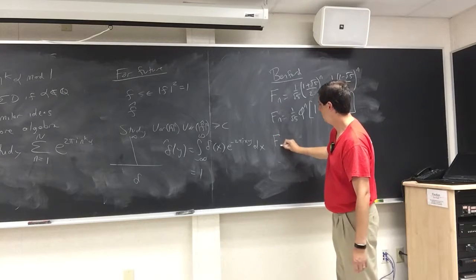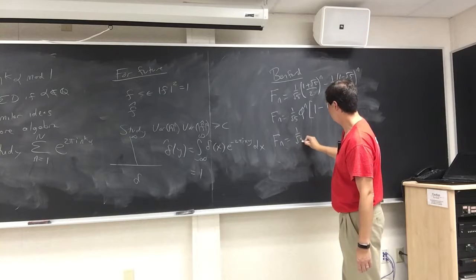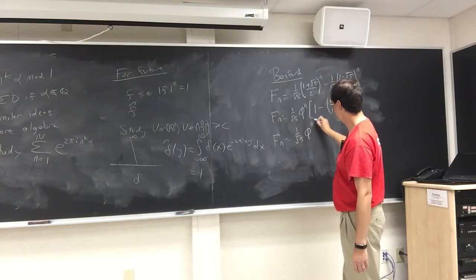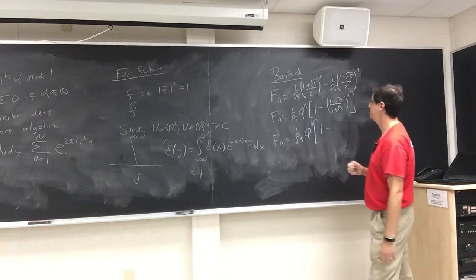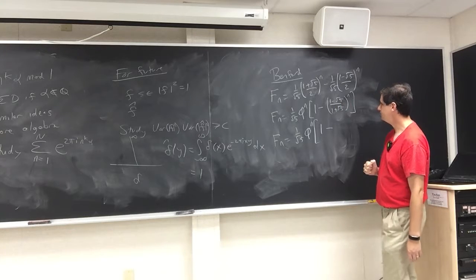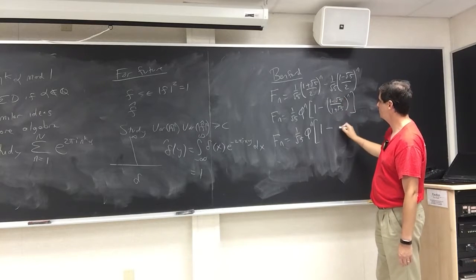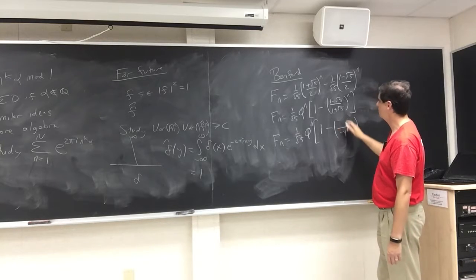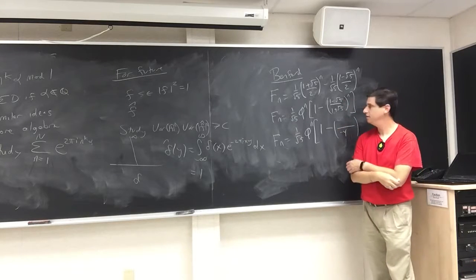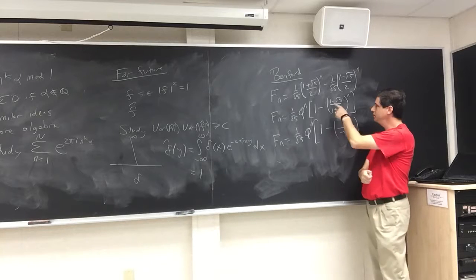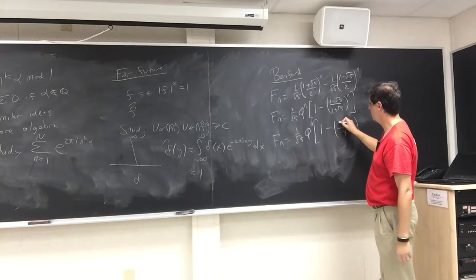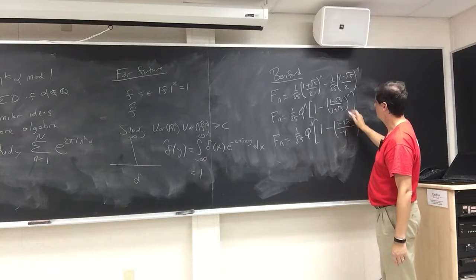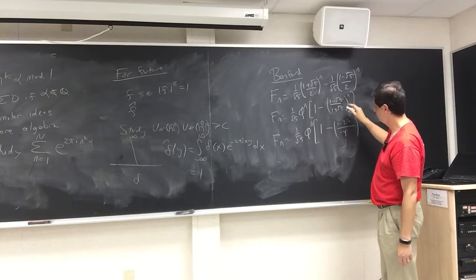So we get F_n is 1 over root 5, golden mean to the n, 1 minus. Now we'll have 1 minus root 5, so we have a negative 4 down below. And what does the top become? 1 minus root 5 times 1 minus root 5. So we'll get 1 minus 2 root 5, and then we'll have a plus 5.